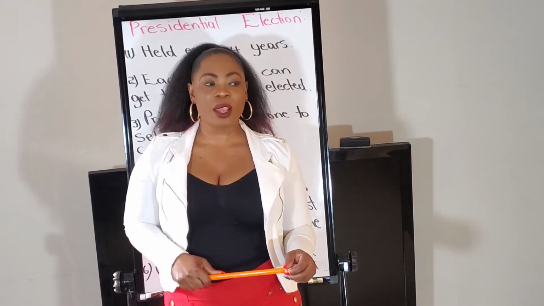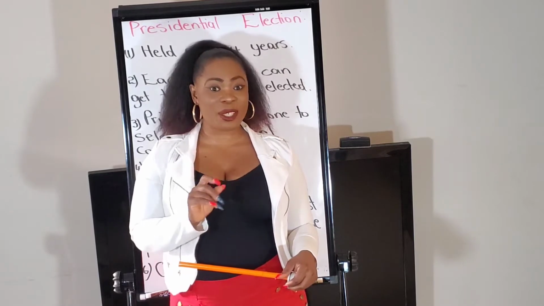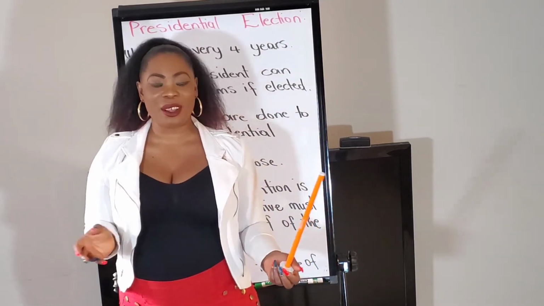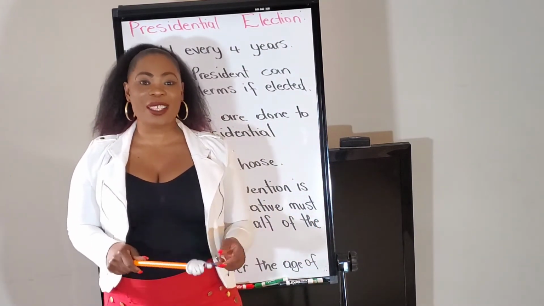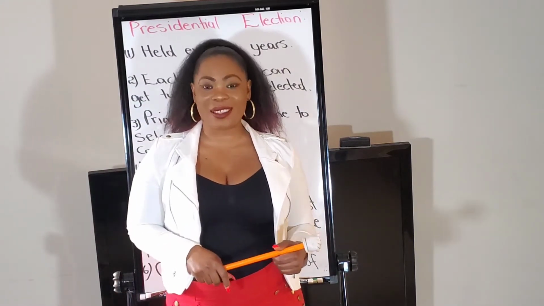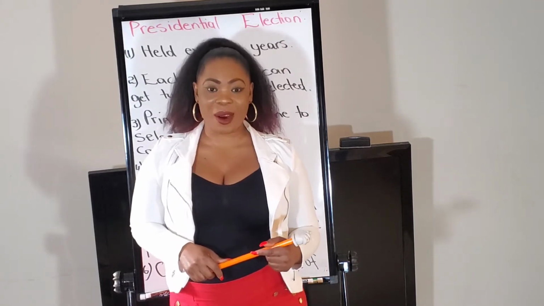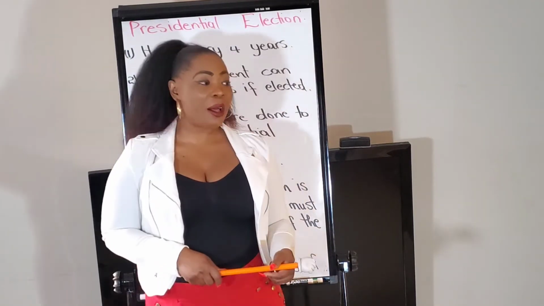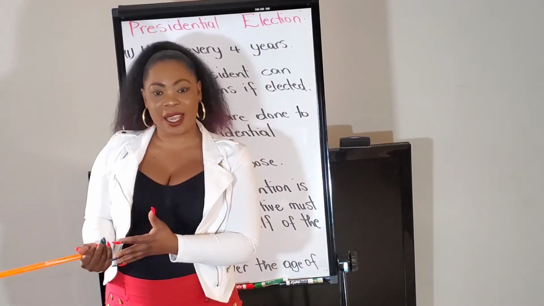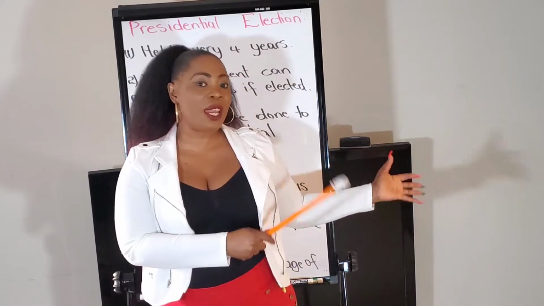Now, guys, we have the Democrats, who are represented by the color blue, and the Republicans, who are represented by the color red. So if you hear about states being blue states, then naturally those states would go in favor of the Democrats.